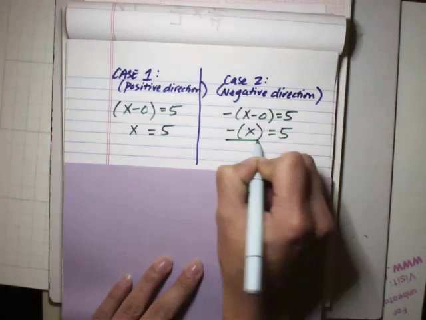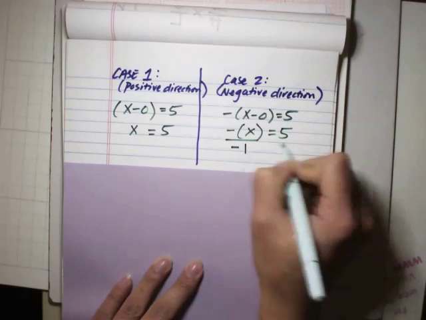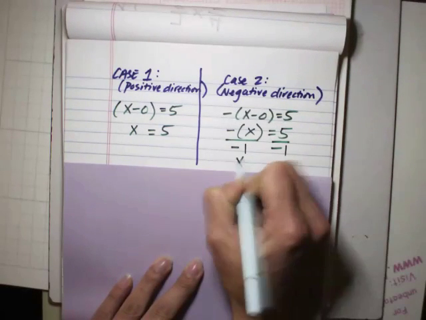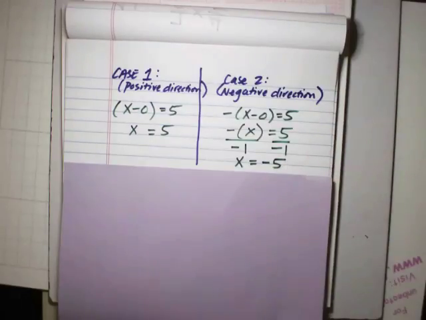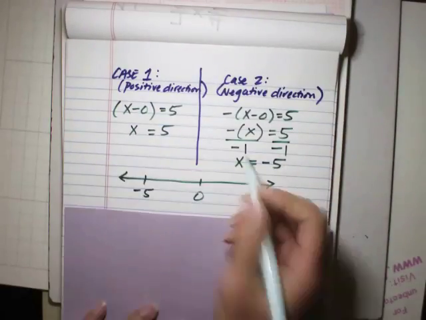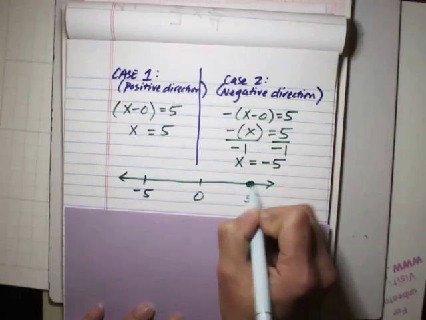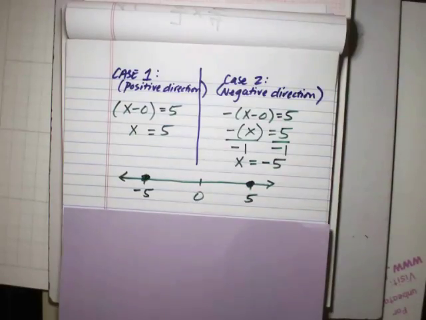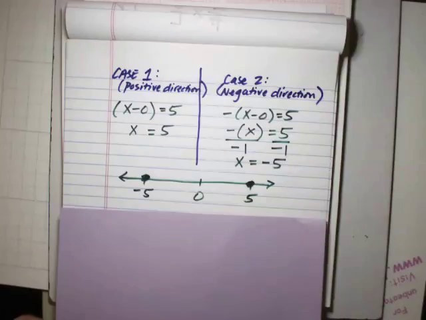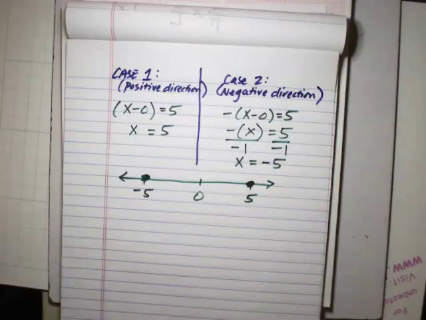I'm going to divide by -1, divide by -1, so x here equals -5. And of course when I graphed it, x is positive 5 or x is -5. Once you get used to the idea of writing it this way, I'm going to show you example number 2.